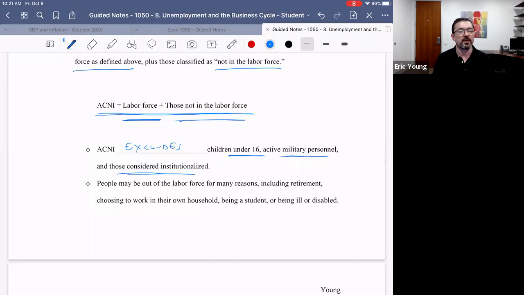So the ACNI is the labor force plus those not in the labor force, and the adult, civilian, and non-institutional parts tell you that it excludes children, active military personnel, and those institutionalized, either health-wise or more commonly in the jail or prison system.